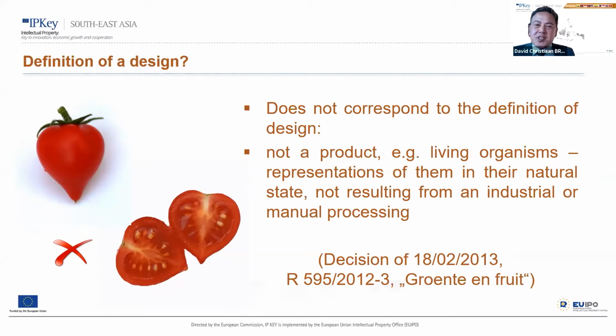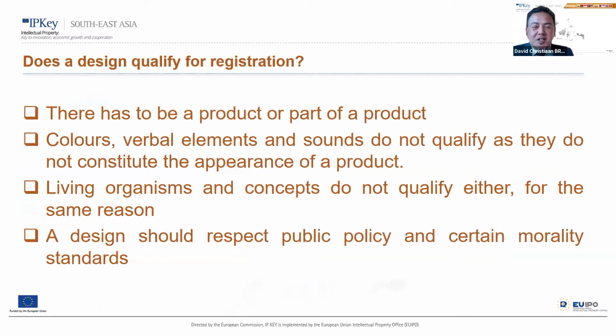In the end, it was decided that this tomato does not correspond to the definition of a design. And the arguments were, it is not a product. It is a living organism, and it is not a result from an industrial or manual process. So this design, in the end, was not registered.